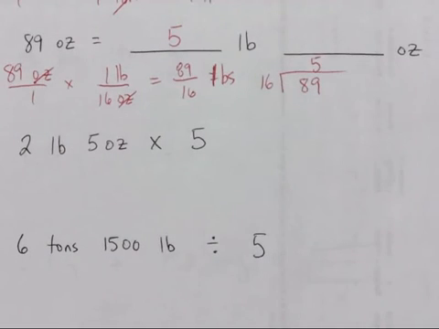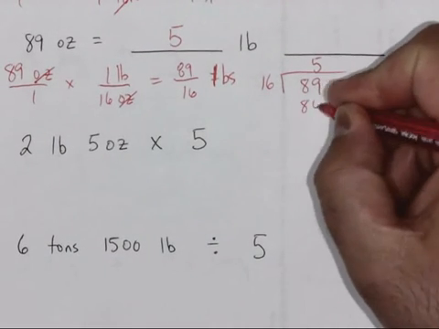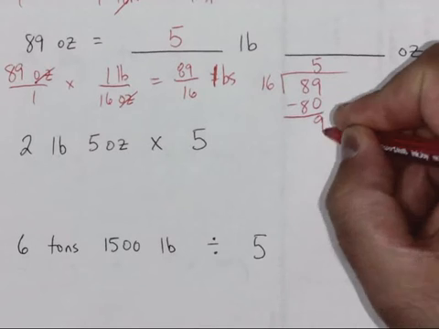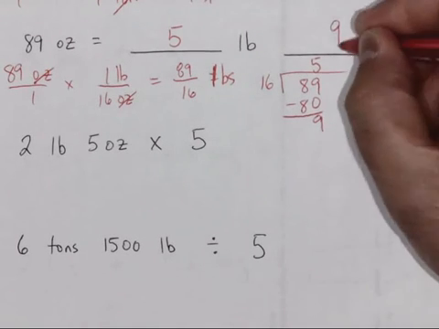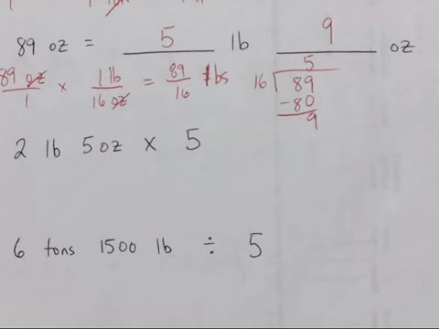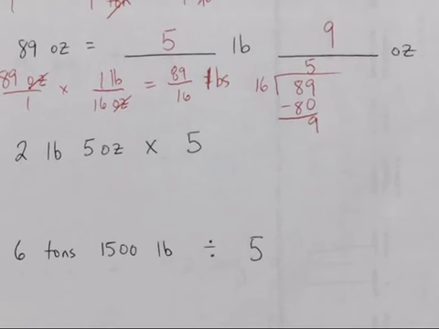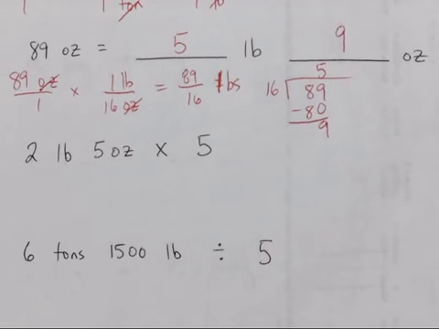And then 16 times 5 is 80. And then my remainder is going to be how many ounces are left over. So we can make 5 full pounds with 89 ounces, and then there would be 9 ounces left over. That allows us to get an accurate measurement of weight using 2 different units instead of using a decimal.